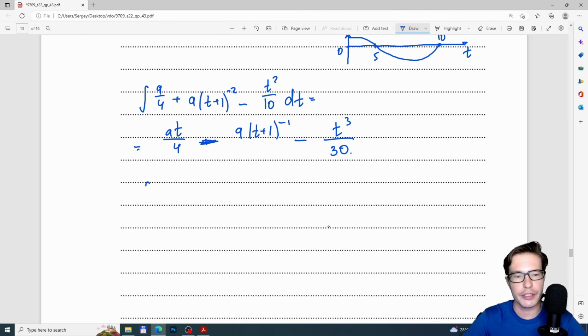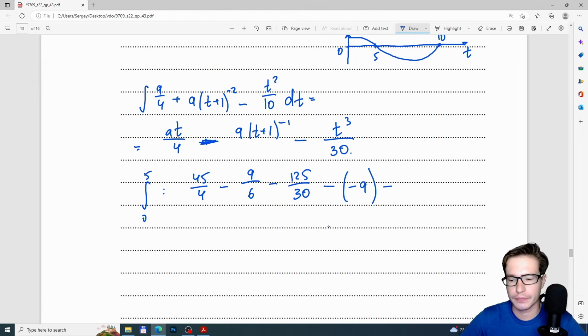Now let's find its integral from 0 to 5. I will have to substitute the upper limit first, and then minus substitute the lower limit. So for the upper limit, I will get 45 over 4 minus 9 over 6 minus 125 over 30, and then substitute the lower limit with a negative sign to get 9. And all in all, that's 175 over 12.